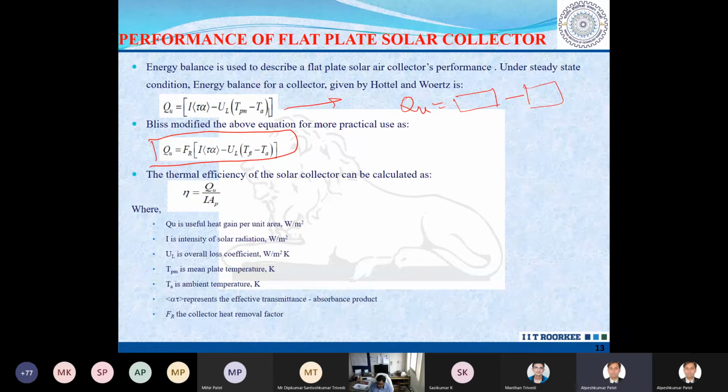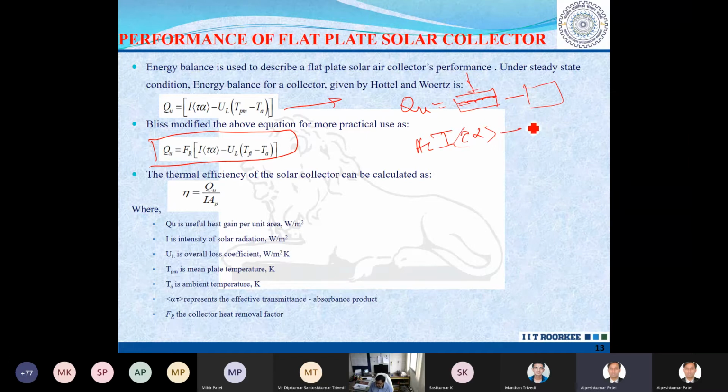If I is the solar radiation per square meter, I multiply by the collector area Ac. But we have two things in between: I have to introduce the transmittivity τ, and the absorptivity α of the absorbing plate, and mathematically we have the effective product (τα). Then the losses depend on the heat loss coefficient.